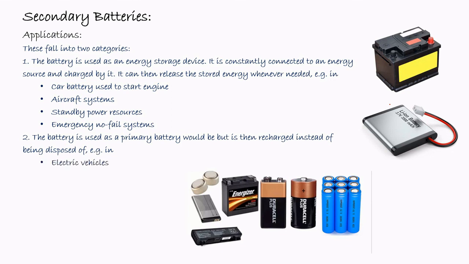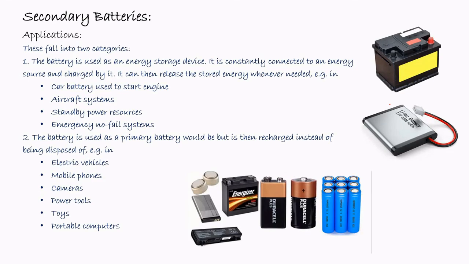That is in electric vehicles, mobile phones, cameras, power tools, toys, portable computers, etc. Even nowadays, for normal applications like flashlights or wall clocks, secondary batteries can be used. That means the battery can be charged as well as discharged.